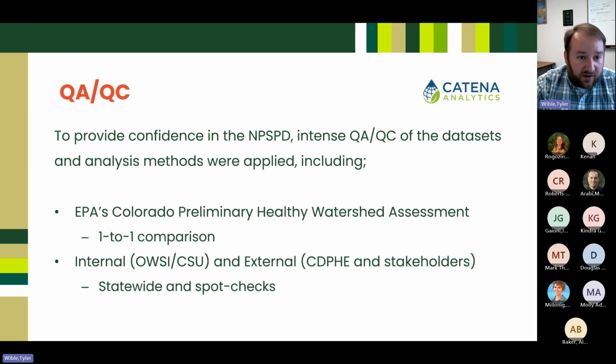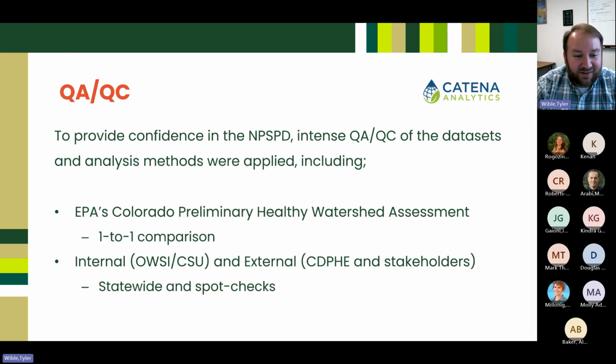We also, because the snapshot from the preliminary health of watershed assessment, which was 10, 15 years old, is not all that recent, did an internal QA with AUSI here at CSU, where we did a statewide assessment and did some spot checks on the data quality and the pass-through. So we took a watershed and calculated the natural land cover, and then we did it by hand.